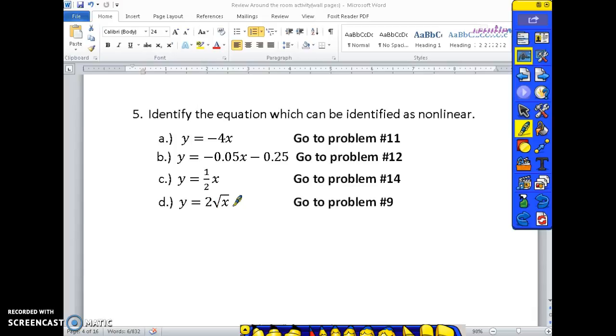It has a positive square root and a negative square root. For example, the square root of 4 is negative 2 and positive 2, because negative 2 times negative 2 gives you 4, and 2 times 2 gives you 4. So for this equation, I'm going to get 2 different answers each time, and I know if I get 2 different answers, it cannot be a function. So our answer for number 5 is D, which means we're going to be going to number 9.